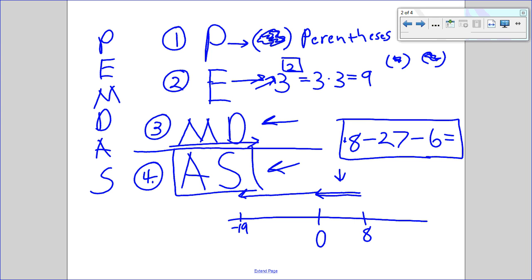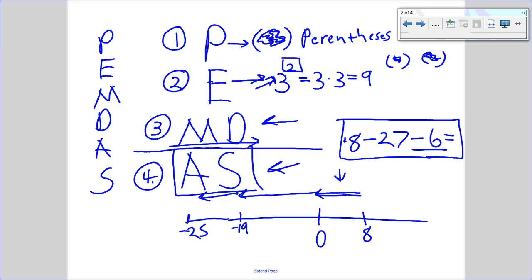Now, we still have to subtract 6. Well, we're subtracting 6, which means we continue in the negative direction. 6 more places. Okay? Well, if we're already at negative 19 and we have to continue 6 more, that's going to look like negative 25.